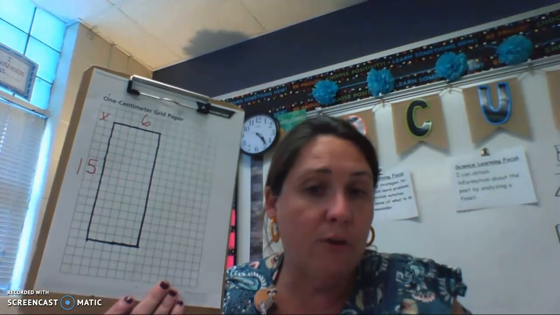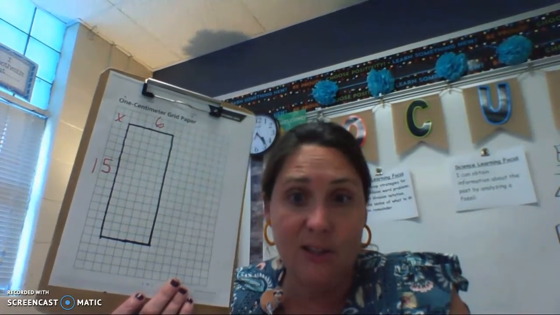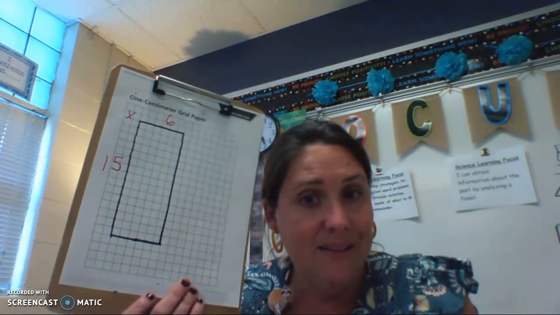So if we made this array to show 15 times 6, could it also show us 90 divided by 6? Think about that. If we've used this array to show us what 15 times 6 looks like, could this array also show us what 90 divided by 6 looks like?